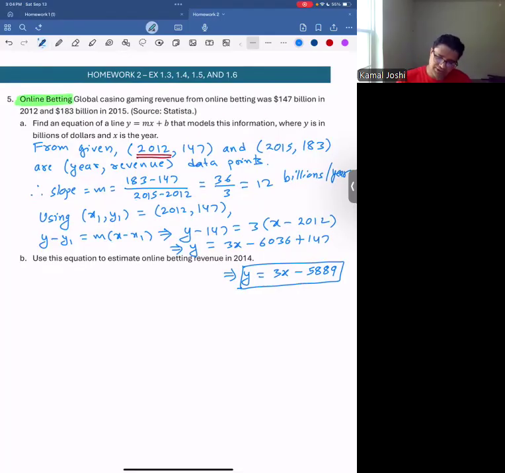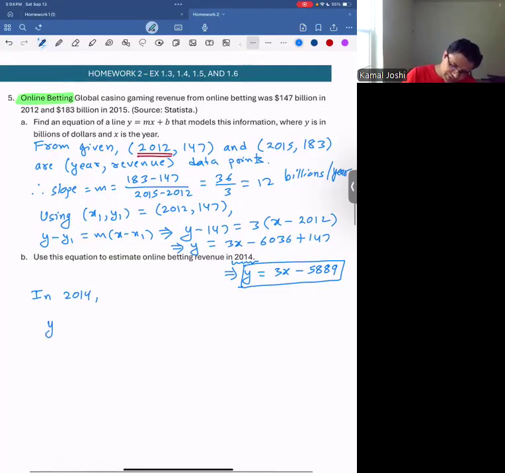Use this equation to estimate the online betting in 2014. Okay, so once you have the model, it's very simple. In 2014, you are evaluating the y value here.